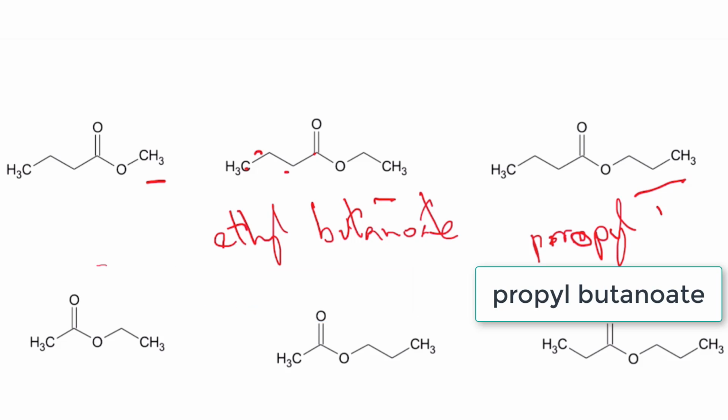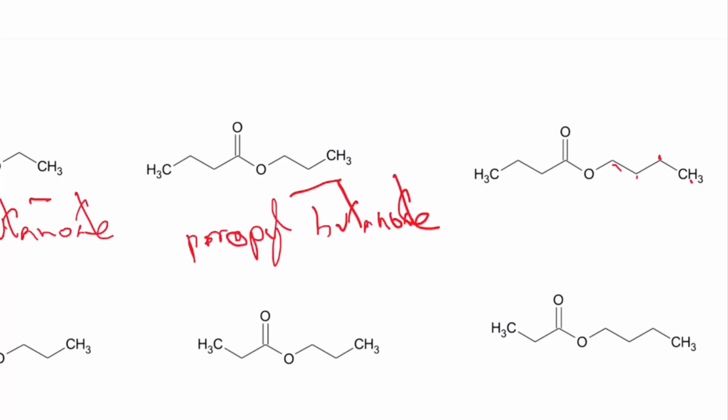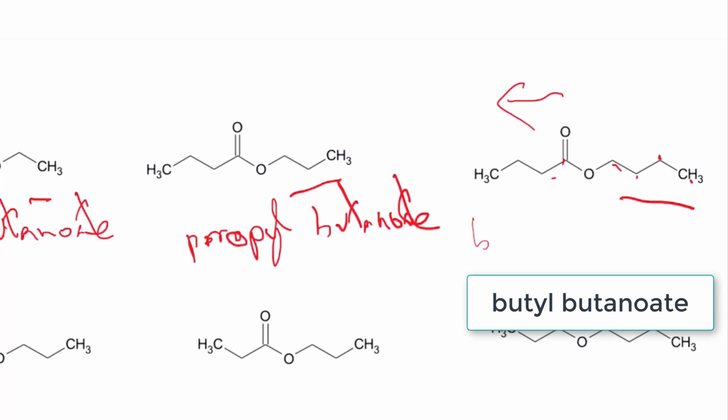Horrible spelling. Butanoate. And finally, 1, 2, 3, 4 carbons on this side, 1, 2, 3, 4 on this side. This is the acid side no matter what. So this is a butyl butanoate.